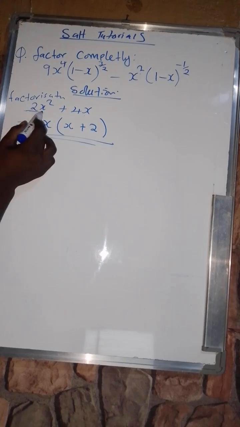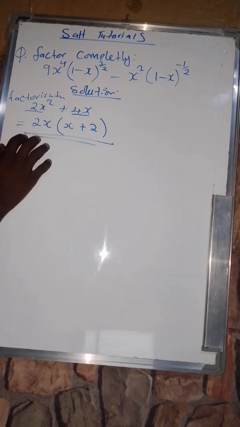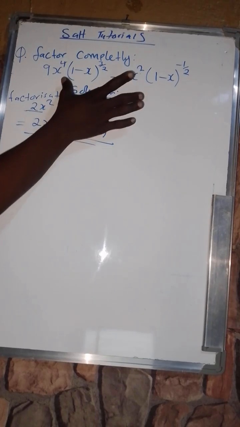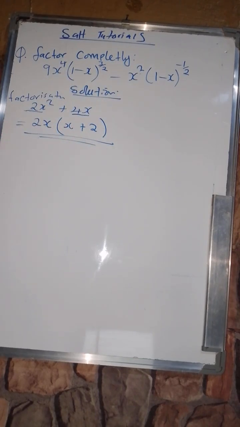I have the first term and the second term. You ask yourself, what is the common factor in 2x squared plus 4x? We are looking for the common item, which is what you are going to factor outside. I'm just trying to remind you of the base of what was happening in grade 2. We simply say that we factor out.